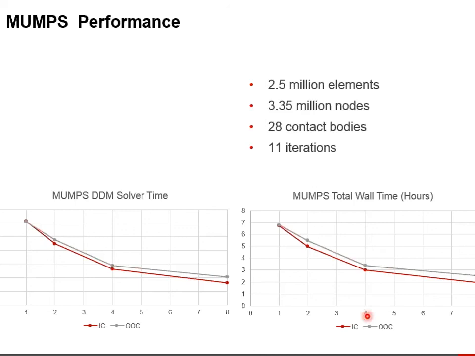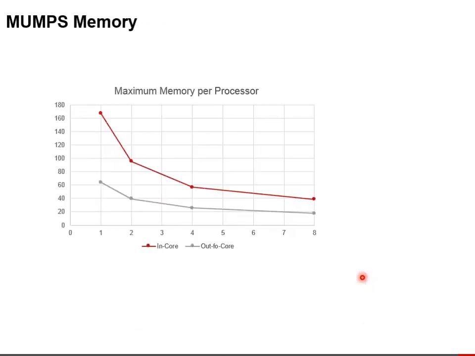If we look at the total wall time, then effectively we get a little bit over 3 times improvement, and again, the out-of-core doesn't cause a big penalty in terms of the wall time associated with the solver. I must admit that this was done on a machine with multiple chips between different machines and high-speed internet communication.